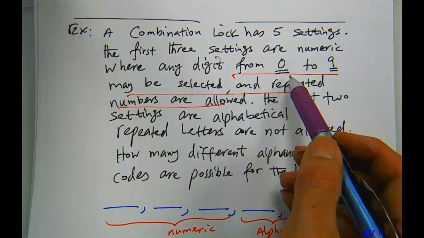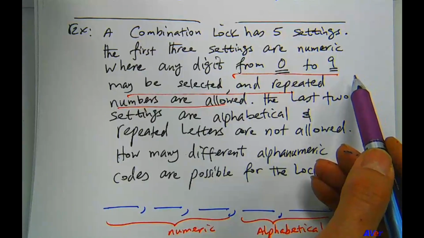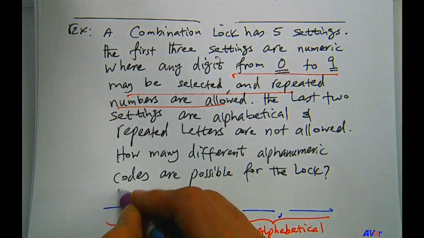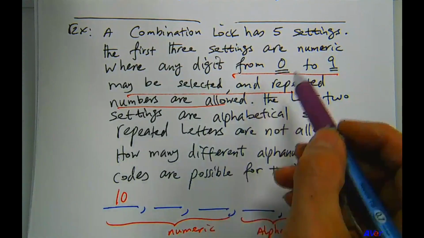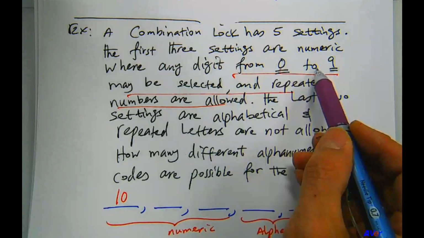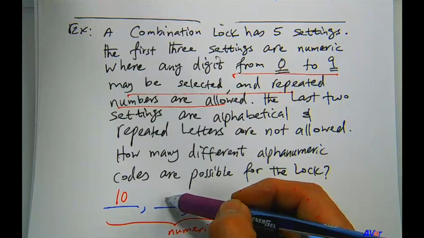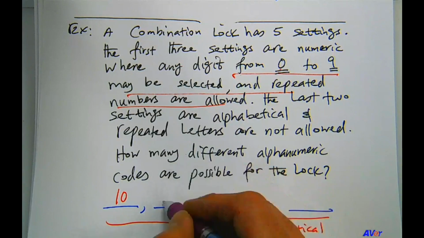So 0 to 9, how many digits do we have, including 0 and 9? 10. So this setting has 10 options to choose from. And repeated numbers are allowed, so how many numbers can we choose from for this spot? Again, 10.